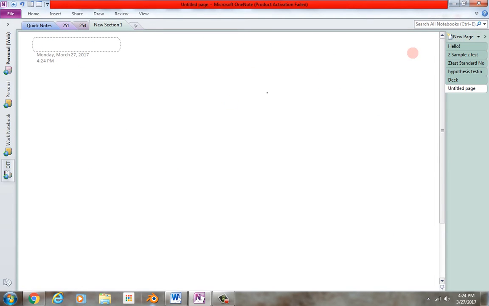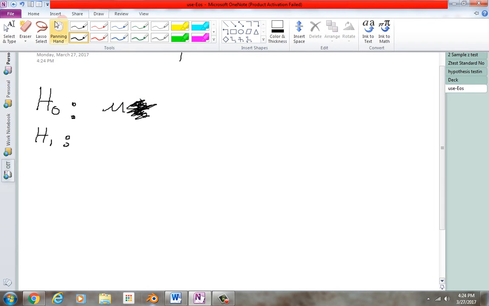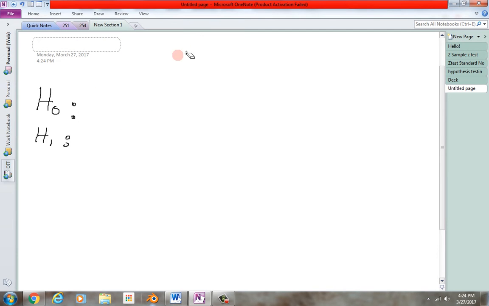Now, we can also do what are called one-tail tests. I'll start with the upper tail. That is the idea that mu is greater than... I'm sorry, I did it the wrong way. This looked like it worked a minute ago, but now it doesn't want to work. Here we go. Let's try it again.